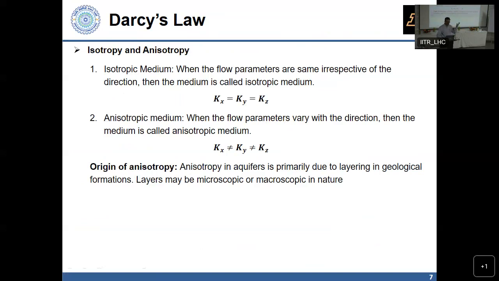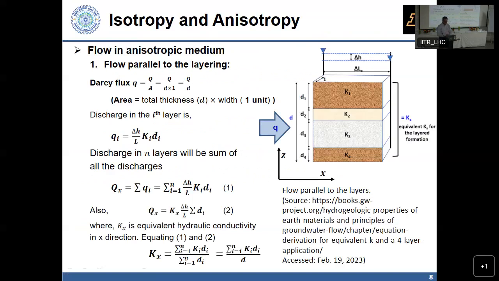Depending on what we are trying to solve, what we are trying to model, that determines this. If our properties are not changing in direction, then we would say isotropic, otherwise it's anisotropic. And we'll look at some very simple ideas of anisotropy, which we are able to motivate through layered soils, which you have perhaps all seen.